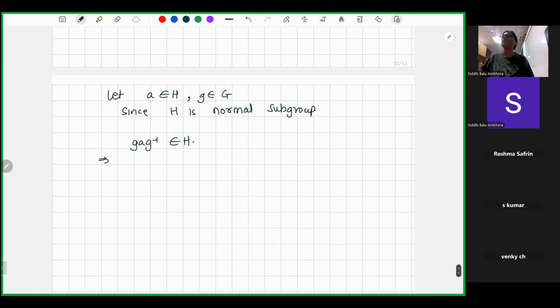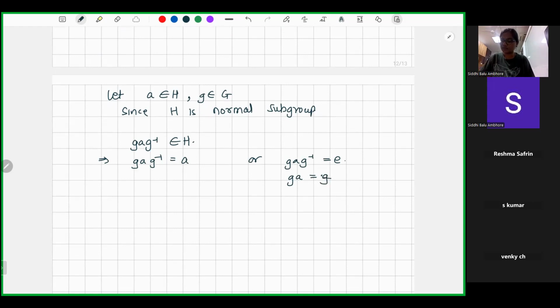But H has only two elements. So this will give me G inverse is equal to either A or E.